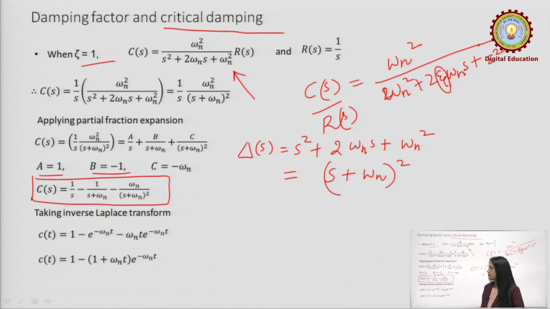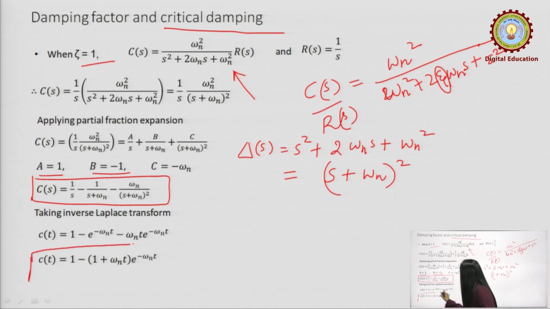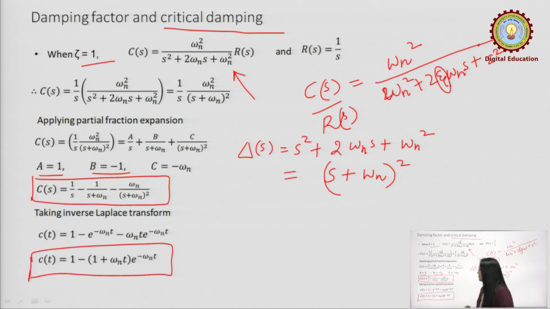We are applying inverse Laplace because we want the value of C of t. C of t is this: inverse of 1 by s is 1, and e raised to minus omega n t. We can see that there is no term zeta since it is equal to 1. Just rearranging the terms, the output response C of t is 1 minus 1 plus omega n t into e raised to minus omega n t.